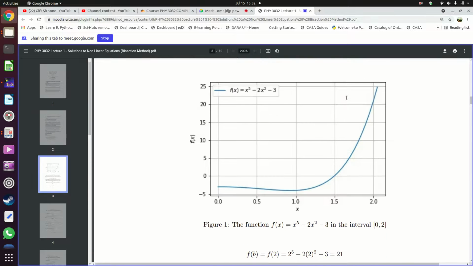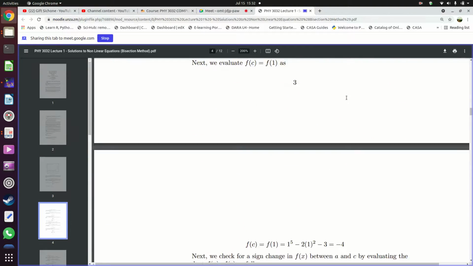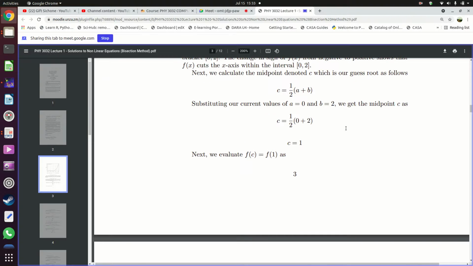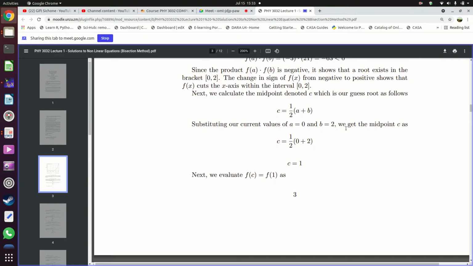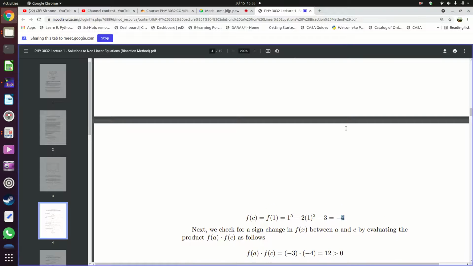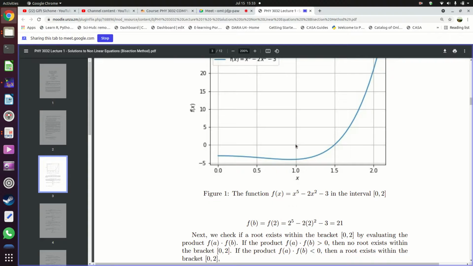Then we have found the midpoint, which is f of 1. f of 1 is also negative. It's minus 4. Then we have f of b, which is 12. So the midpoint is here. c is equal to 1. That's where our midpoint is.